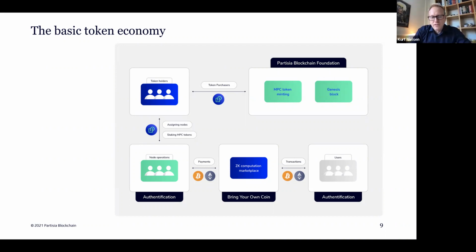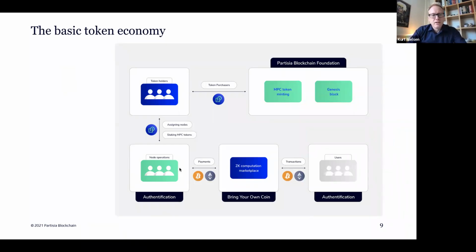And here you have one of the differentiators that we bring to the market, which is a decoupled token economy, where you as a node operator are paid with liquid external coins. So they are funneled back to the node operators when they operate the network.